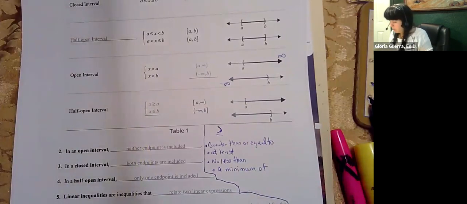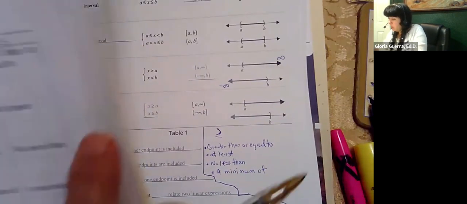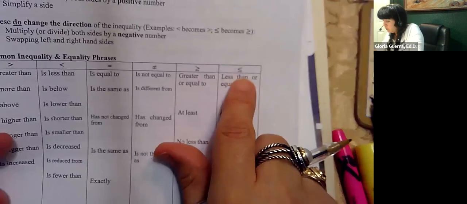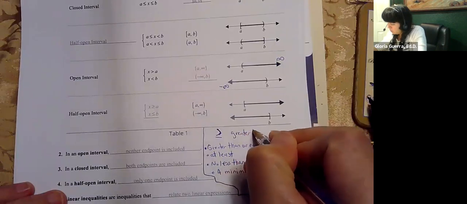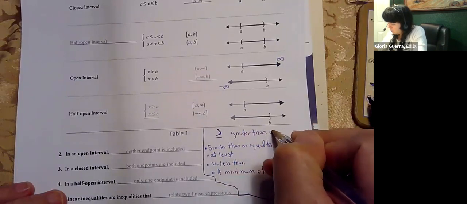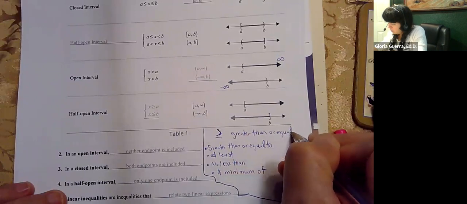Okay. And then to write the other vocabulary, like for this one, less than or equal to. So this one's greater than or equal to.